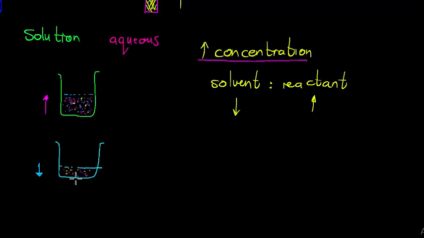In this one, I've decreased the amount of solvent and I've increased the possibility of successful collisions because I have actually reduced the space. Do you notice that? The space wherein the reactants find themselves is reduced. So when there's more solvent, there's a likelihood that they're hanging around somewhere where they can't interact, while here there's less space available.